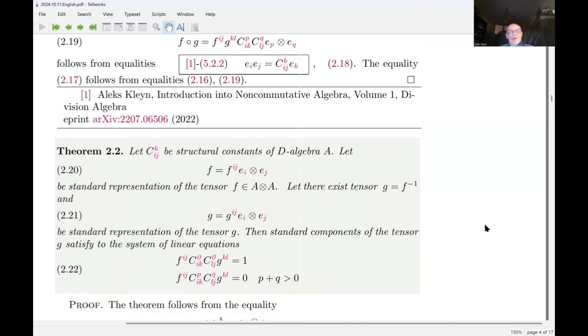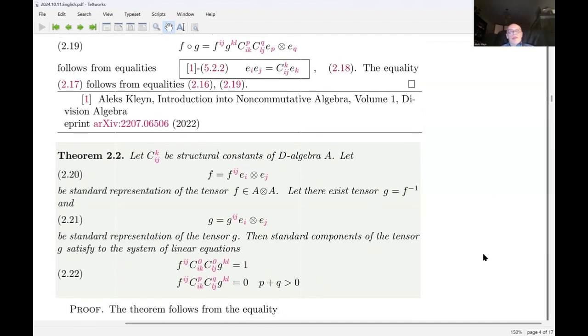This theorem follows from another theorem. Let C be the structural constants of the algebra A. Let 2.20 be the standard representation of the tensor f. Let there exist a tensor g, which is the inverse of tensor f, and 2.21 be the standard representation of the tensor g.